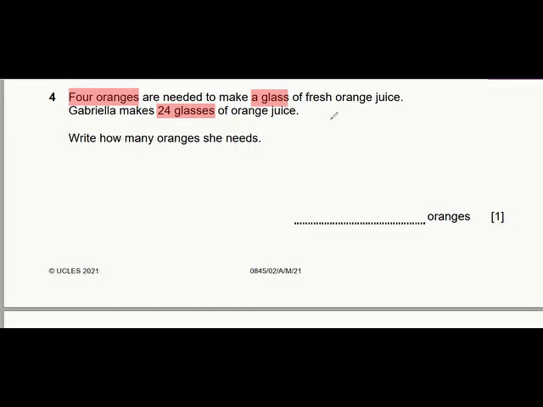So this is one glass requires 4 oranges. Now I need to make 24, or Gabriela needs to make 24. So I might say 1:24 as 4 what? Now I have to multiply 1 times what to make it 24.